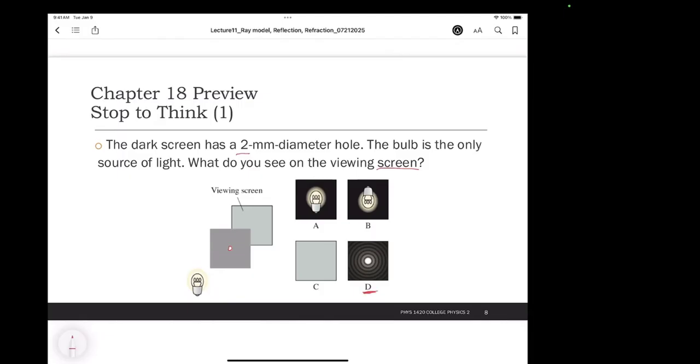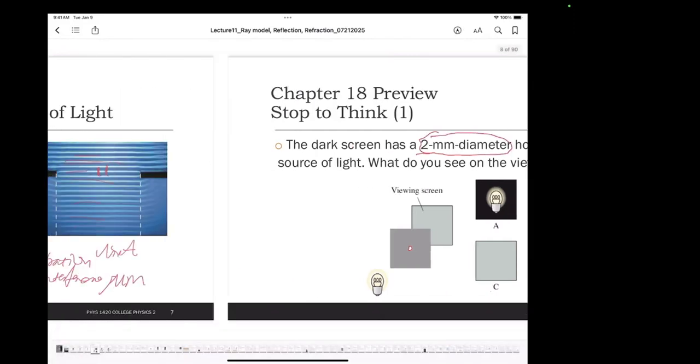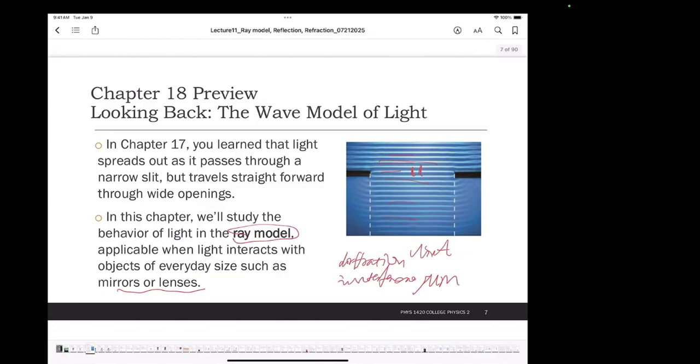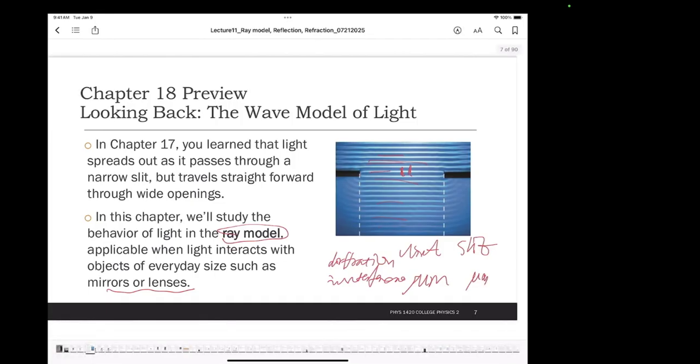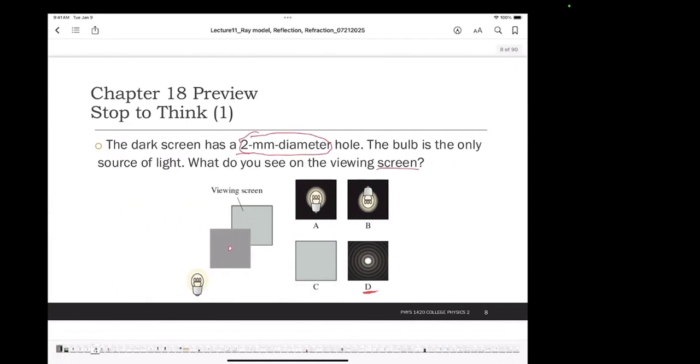But you need to notice two things. The first one is the hole: this hole is 2 millimeter diameter. I talked about this. For the wave model, the size of the slit should be very, very small, the unit should be like a micrometer, but here it is millimeter. It's not small enough.